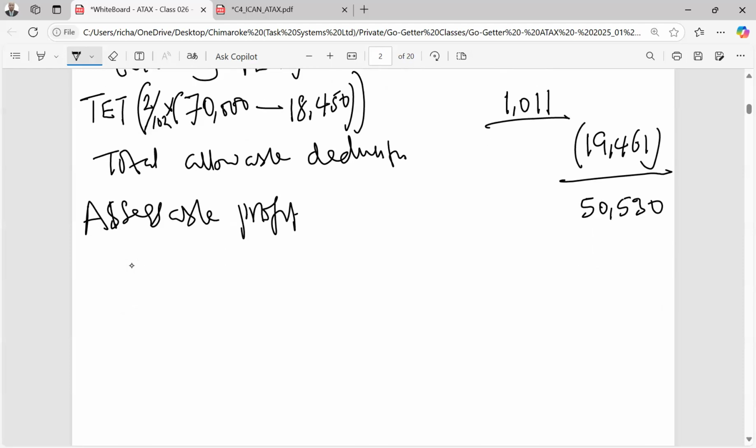Now we have accessible profit. What do we do? The first thing to do is to bring, if there's a balancing charge, our balancing charge. No, first of all, let's bring our loss relief first.